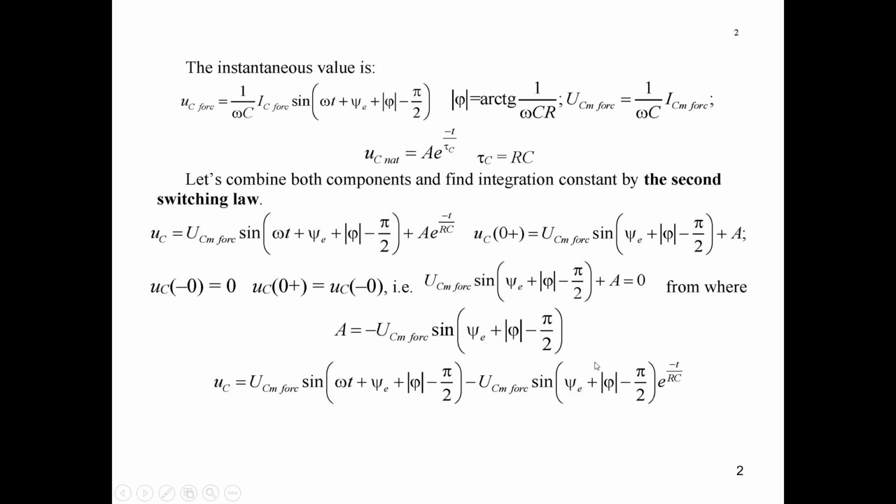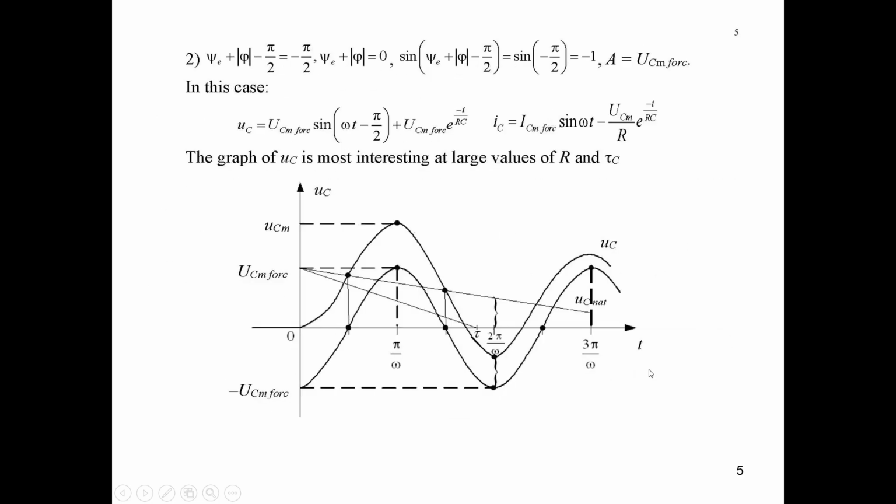It is possible when this argument is equal to plus or minus 90 degrees. Let's consider the case when it's equal to minus 90 degrees. Therefore, the sum of psi plus module phi will be equal to 0. These two items will be cancelled.